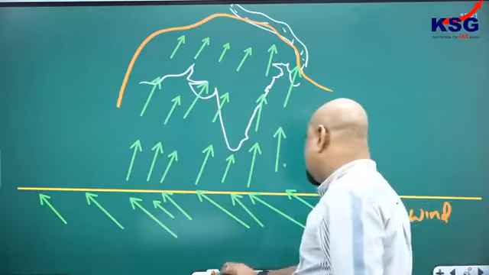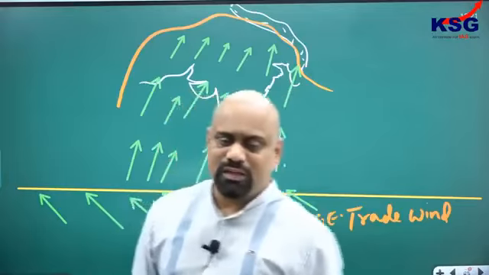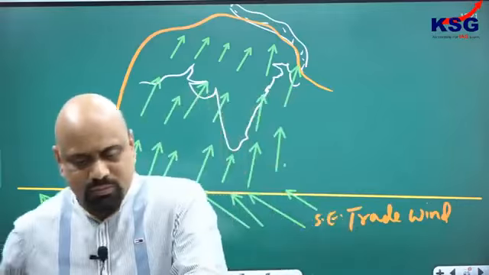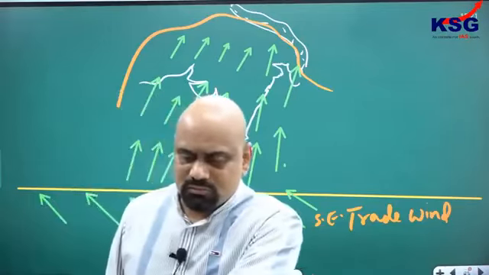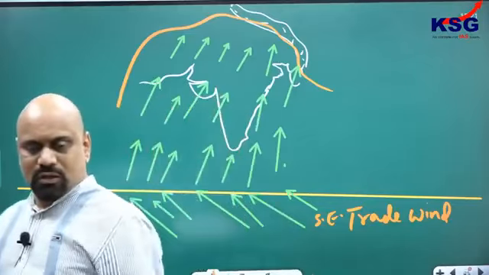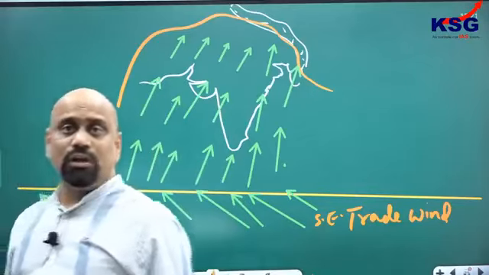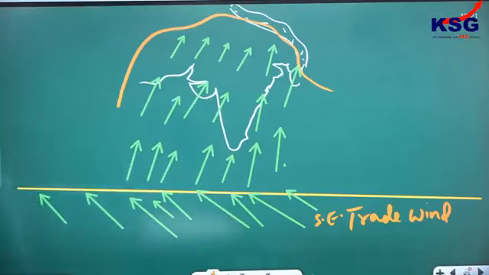The southeast trade wind which is blowing from the southern hemisphere turns towards the right after crossing the equator due to Coriolis effect and developed as southwest monsoon. Okay.